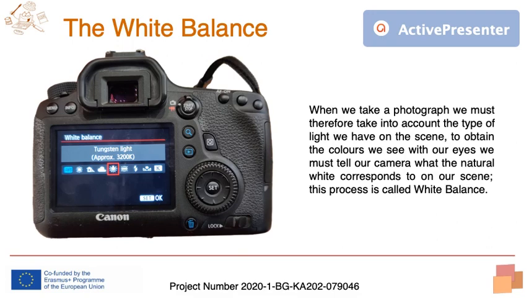We can observe the scene trying to understand which light sources are illuminating it, and then set one of the modes provided by the camera: tungsten, about 3000 degrees Kelvin, fluorescent lamps, 4000 degrees Kelvin, daylight, 5500 degrees Kelvin, flash, 5900 degrees Kelvin, cloudy, 6000 degrees Kelvin, shaded 7000 degrees Kelvin. We can set a white balance manually. To do this we have to photograph a white sheet within the scene and tell the camera that that is natural white.